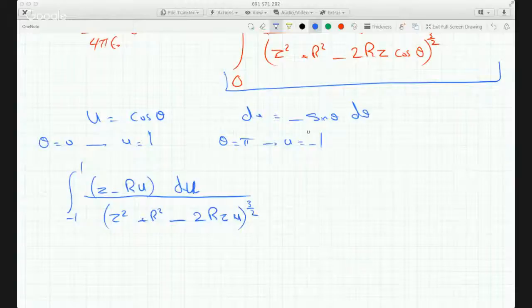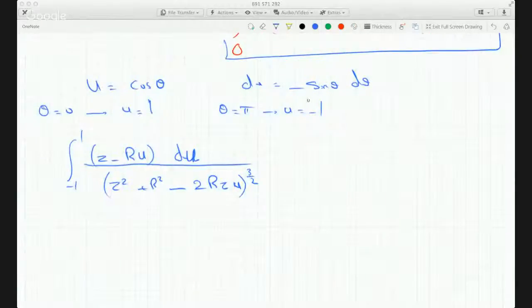So let's see how we're going to do this by partial fraction decomposition. Or you could look it up in the integral tables. But let's see, if we call this u, actually, why don't we try something.